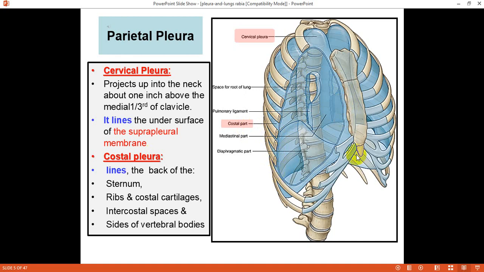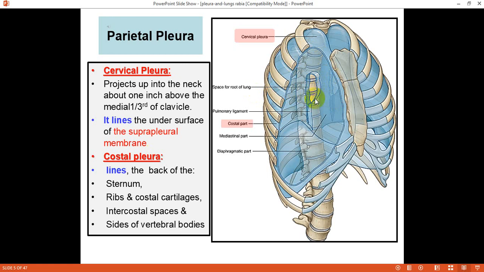On the medial side, the cervical pleura and the costal pleura on the anterior and posterior side is reflected as mediastinal pleura, which can be identified by this sleeve-like structure, which is going to extend over the root of the lung, and this is called pleural sleeve.